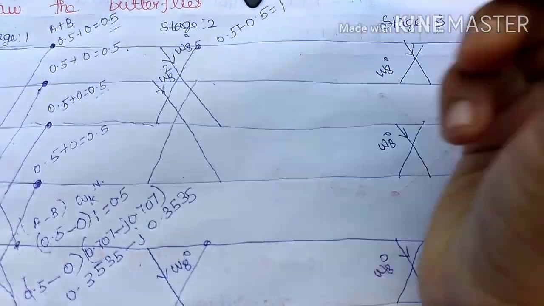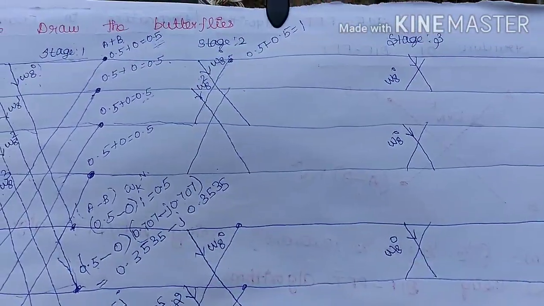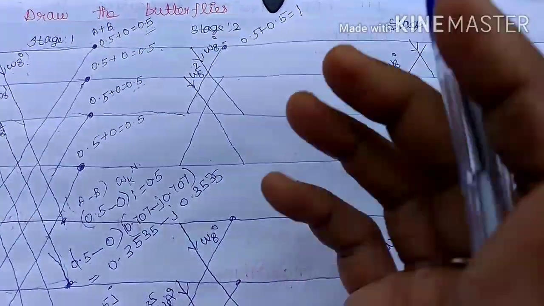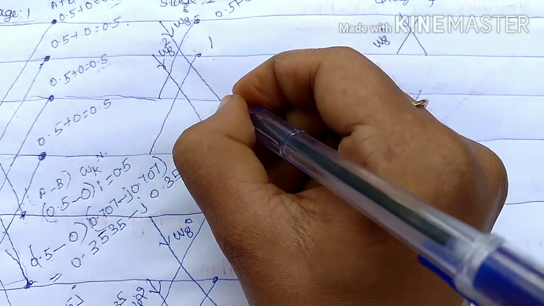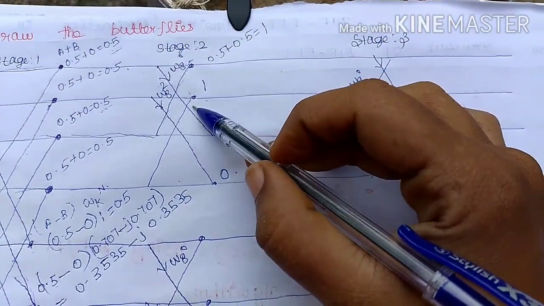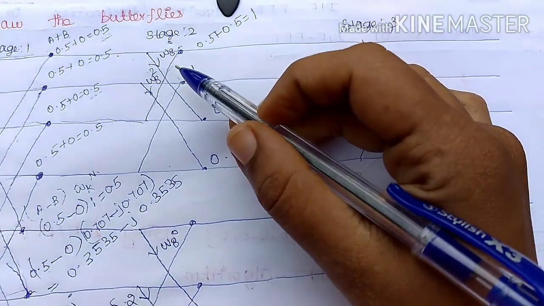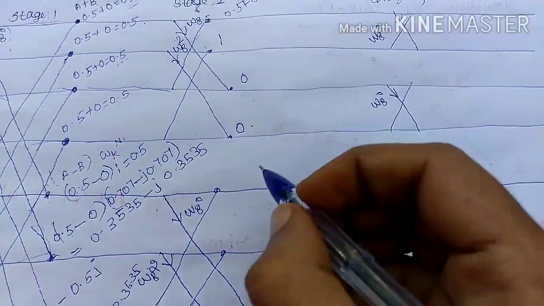The answer is 1. Similarly, we calculate all these values using the outputs of stage number 1. I write only the answers here: 1, 0, 0. One thing: for the top wire the formula is A plus B, and for the downward wire the formula is A minus B into that Twiddle factor value. Okay.